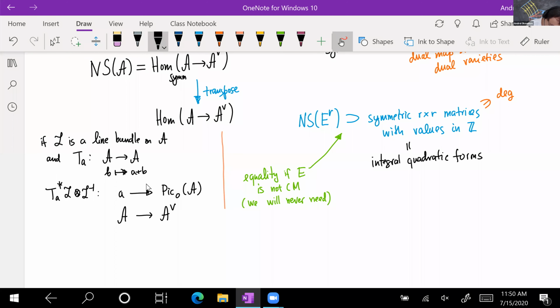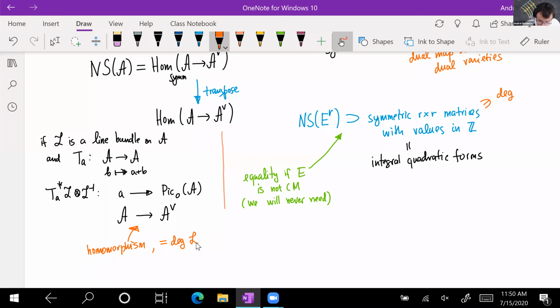This is a symmetric map. This map is the degree. So this is a homomorphism.